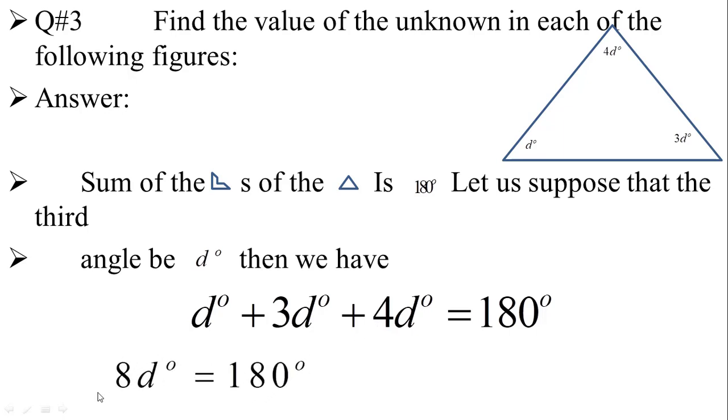Now we can write that 8d degrees is equal to 180 degrees. 8 is multiplying this side, on the other side it will be divided. So d degrees is equal to 180 divided by 8. The final answer of d degrees is equal to 22 and a half degrees.